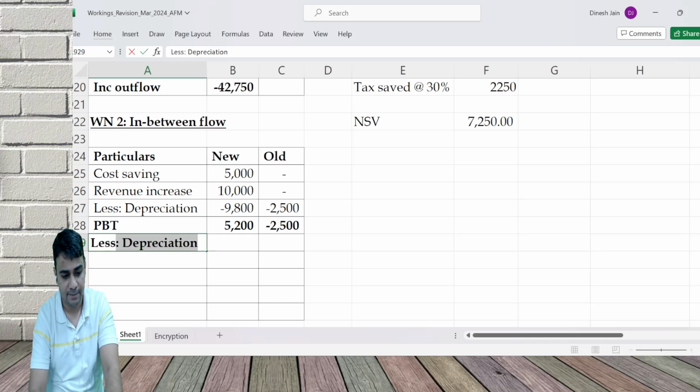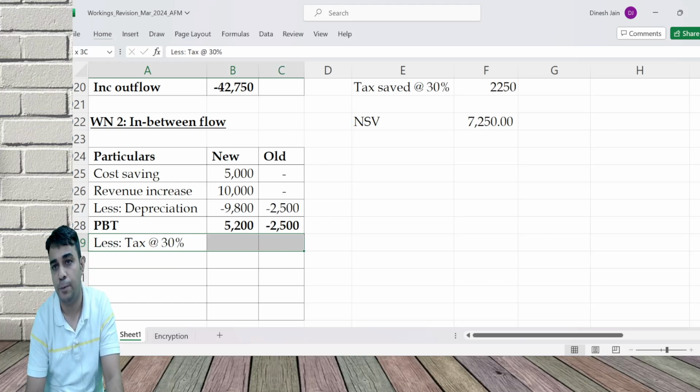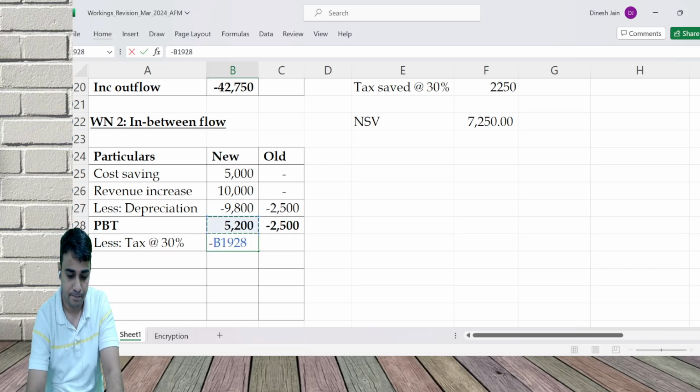What's the tax rate? If you have a loss, you save tax. If you have a profit, you pay tax. PAT. Add back depreciation.